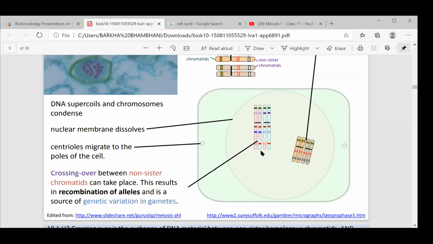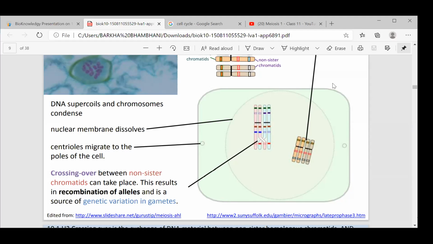That's why each child is different from one another, except when we are talking about twins. But if you look at your siblings also, your brother and sister, each one of them will look different from one another because of the genetic variation in the gametes. Clear?